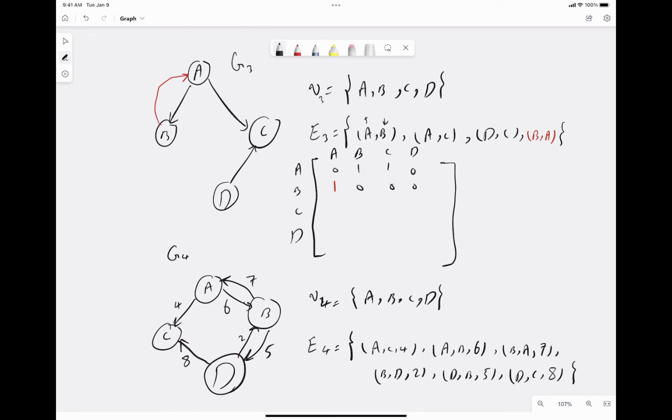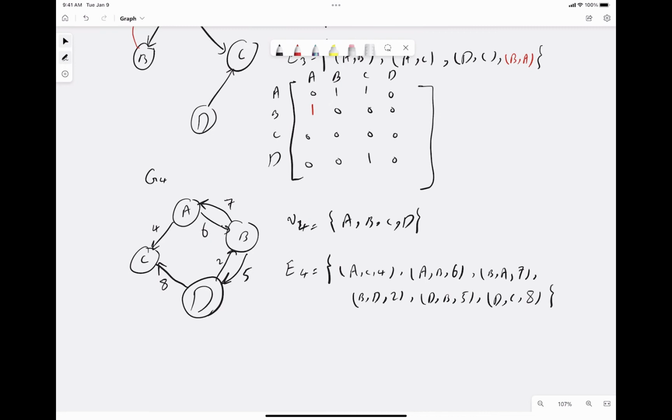From node C, there is no edge to any node, so it's all 0, and from D there is only an edge to C, and every other entry is going to be 0.